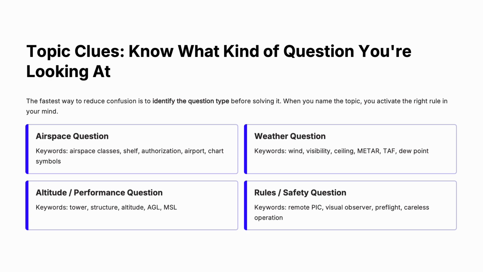An altitude or performance question often mentions tower, structure, altitude, AGL, or MSL. And a rules or safety question typically references remote PIC, visual observer, pre-flight, or careless operation. Train yourself to scan for these keywords first. It turns a vague, intimidating question into a clearly labeled one.